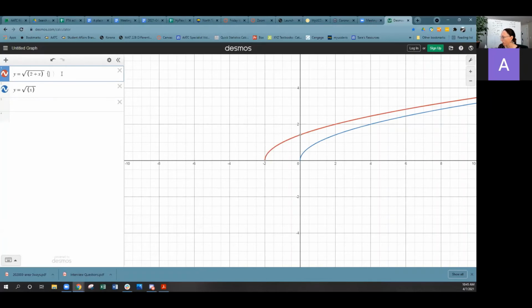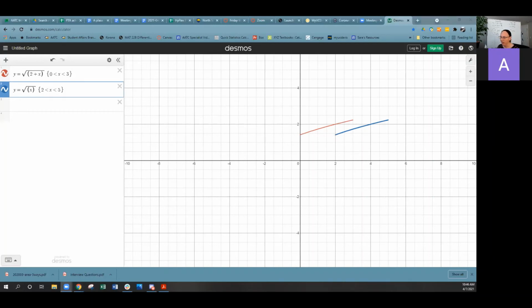On the first one, we want only the part from 0 to 3. And here, we wanted only the part from 2 to 5. Hopefully you can see this okay, but they're the same thing, we're just shifted over.